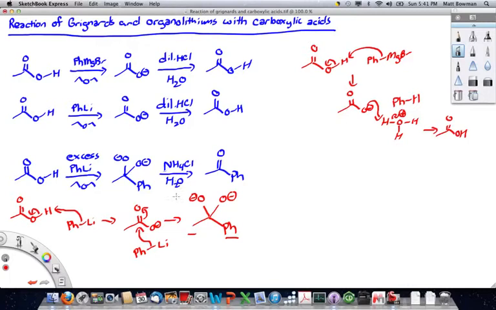But the first thing your acid workup step does is it goes through and finds any remaining organolithiums present, and protonates them, because it goes after the most strongly basic species first. Then it attacks one of these O minuses here.